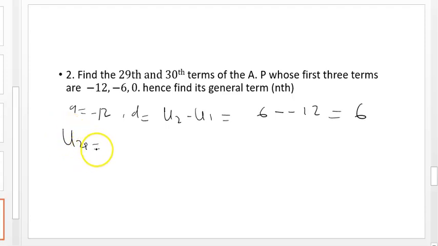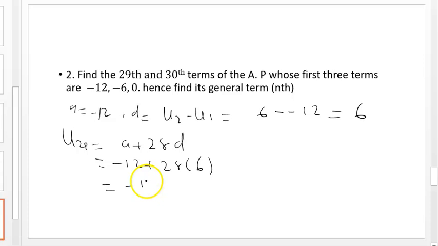So you have to find the 29th term. U29 is equal to A plus 28D. I hope you know this. A plus (29 minus 1), that's 28D. So we have A, minus 12, plus 28 times D. What is D? 6. Minus 12 plus 28 times 6, which is 168. When you add this, you get 156. Try it and see whether the answer is correct. The next is the 30th term.